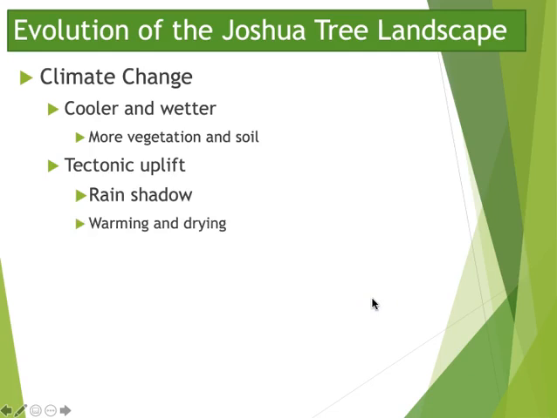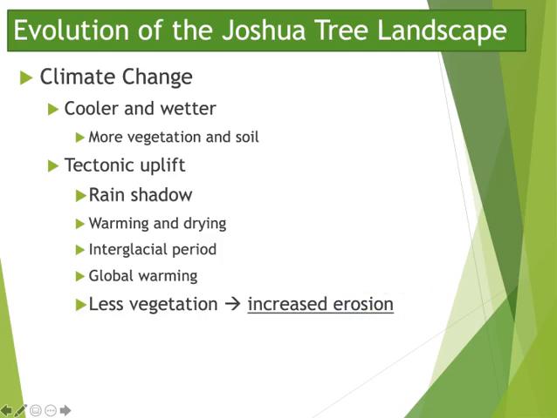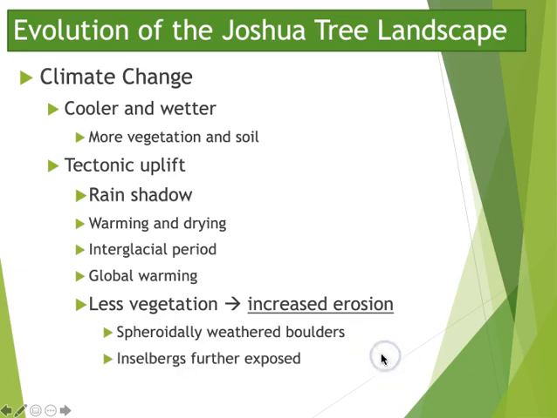We are also entering an interglacial period, which means a warmer and drier climate, which is further exacerbated by human-caused global warming. What this means for the Joshua Tree landscape is less vegetation to protect the soil, resulting in greater erosion. This increased erosion has exposed the spheroidal weathered boulders and inselbergs, and has facilitated the development of pediments and alluvial fans.